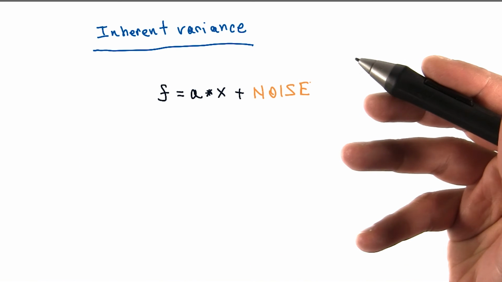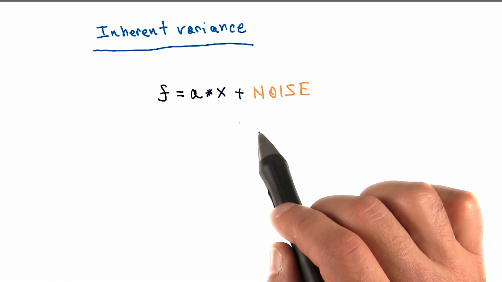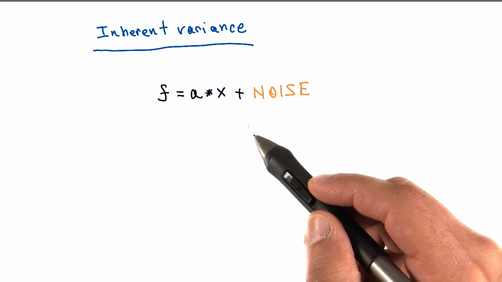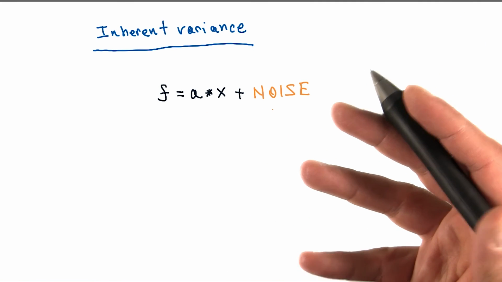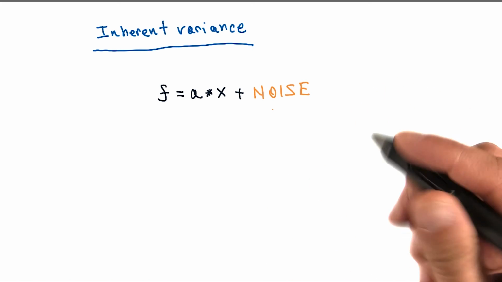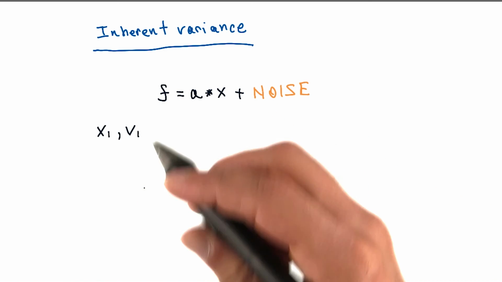Now, let's suppose we introduce some noise into this situation. The way to think about this is, x occurs, but before we can measure it as f, some noise process occurs to x, and the result is the thing that we measure. The consequence is, now we no longer see the same f for a given x. The first time we see x1, we might see value 1 beside it.